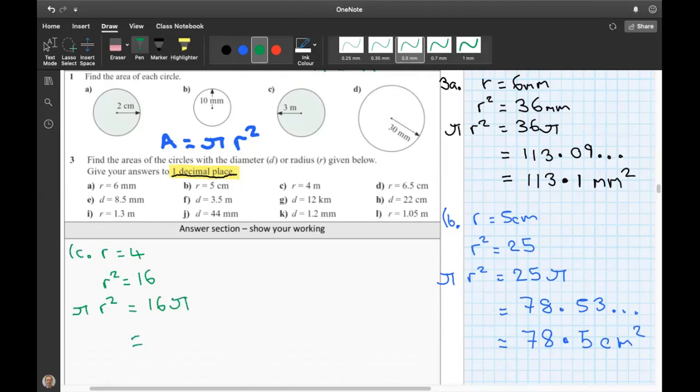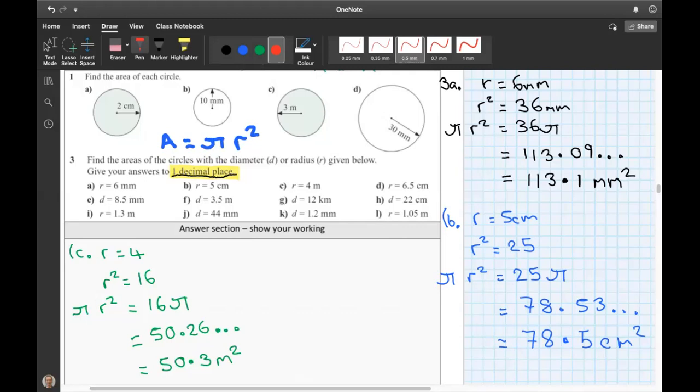Pressing our SD button to find a numerical value, it's going to be 50.26... Rounding it to one decimal place, that 6 is going to round the 2 up to a 3. Our units there, radius was meters, so it's going to be meters squared.